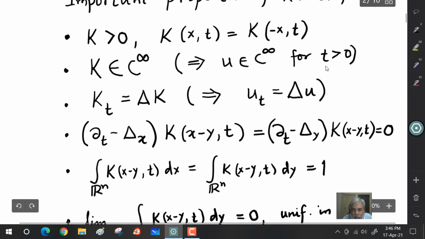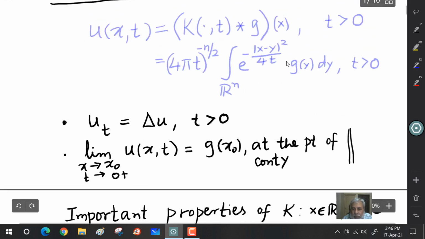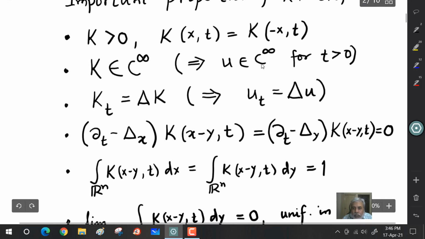Okay, so bear this in mind, because we are assuming the initial condition only continuous and bounded, so that this integral is well defined. So for T positive, this U becomes a C infinity function, and we call it the smoothing effect coming from this heat kernel.